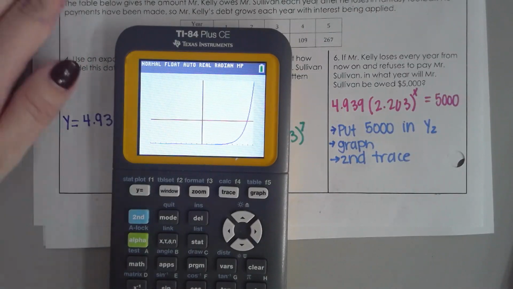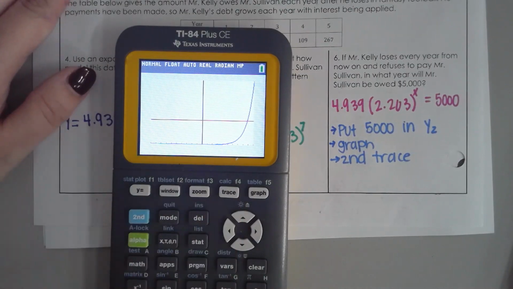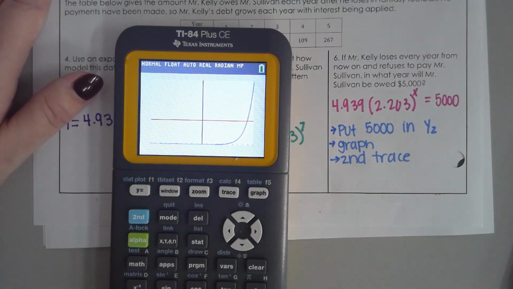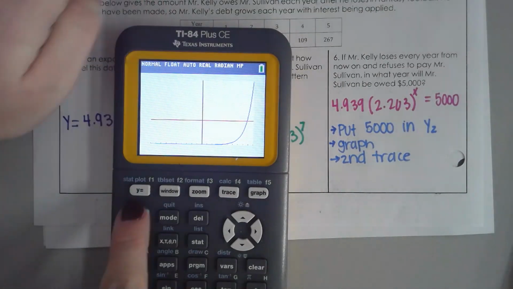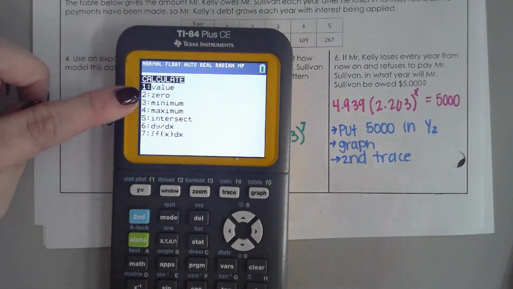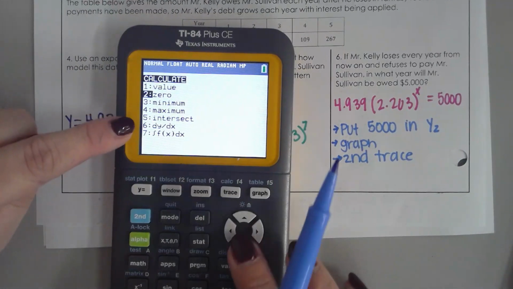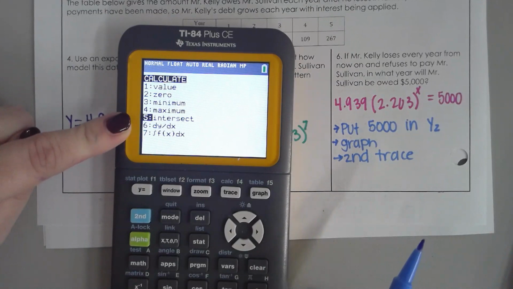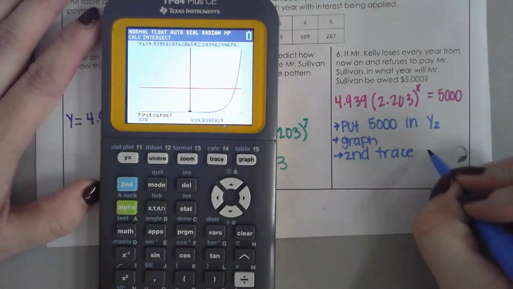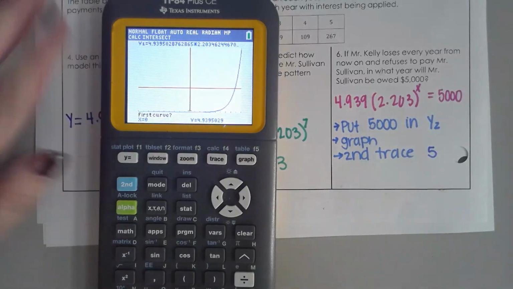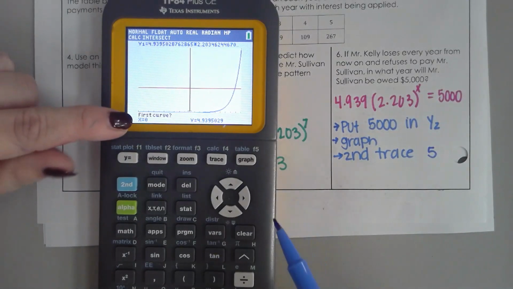Okay. So see above trace where it says calc. That calc will do some calculations involving the graph. So if I hit second trace, it'll find specific things. We want to find the intersection. We want to find where they intersect. And it's asking me first curve.